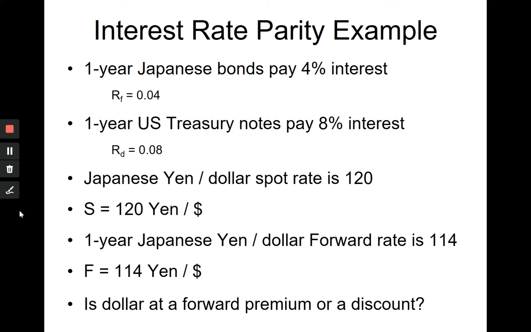This is a typical exam question, and answering it is quite simple. You compare F to S. If F is less than S, you say you have a forward discount. If F is more than S, you say we have a forward premium. Also in my lecture notes, we did F divided by S. If you divide 114 by 120, you get a number less than 1, and that means a forward discount.